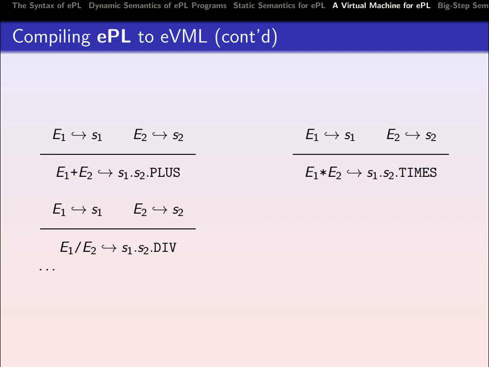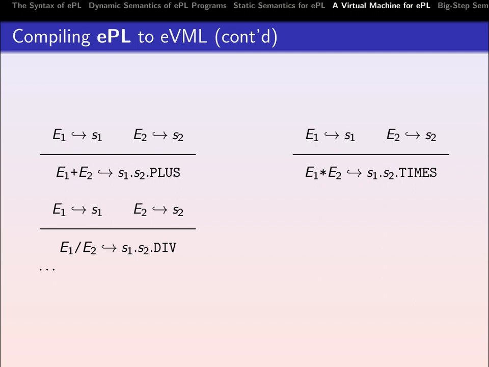Now, if I have an expression whose compilation is S1 and another expression whose compilation is S2, E1 plus E2 is going to be compiled into S1 followed by S2 followed by plus. And that makes perfect sense, because if we think from this perspective that the result of an expression should always be at the top of the stack, then if E1 is correctly compiled, the execution of S1 will put its result at the top of the stack.